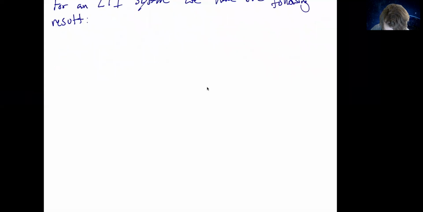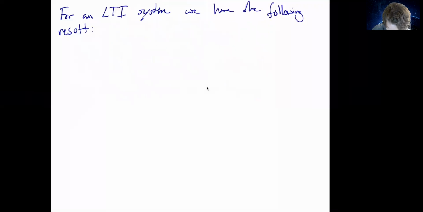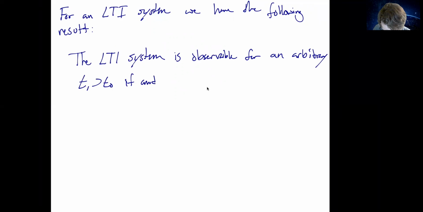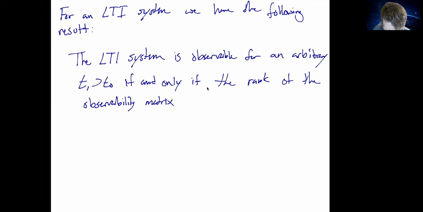All right. So basically, the LTI system is observable for an arbitrary t greater than t naught if and only if, just like the controllability matrix, the rank of the observability matrix, which we denote as L, is n.